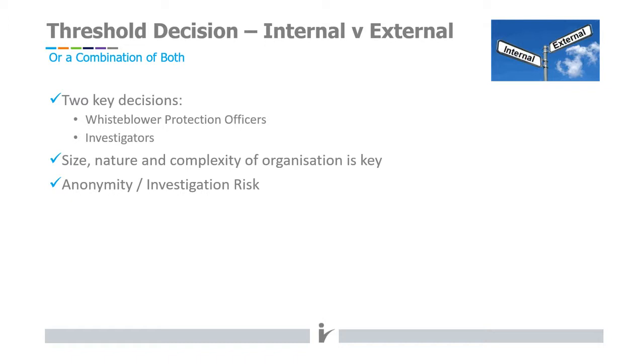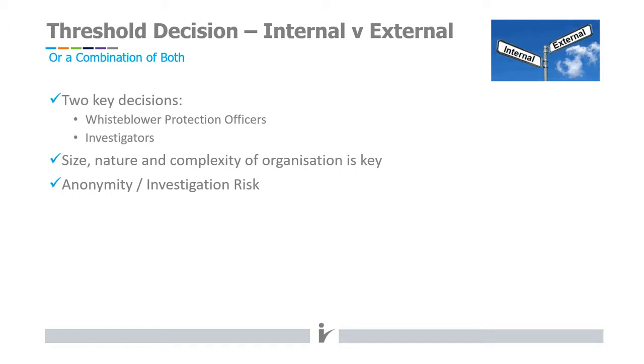Now, the size, nature and complexity of your organisation is absolutely key here. The best way I can describe this is if you're working in a bank, for example, and you've got 100,000 people, that bank can have an internal professional integrity unit, and that can be very independent and employees in the company can feel safe to actually go to that unit.